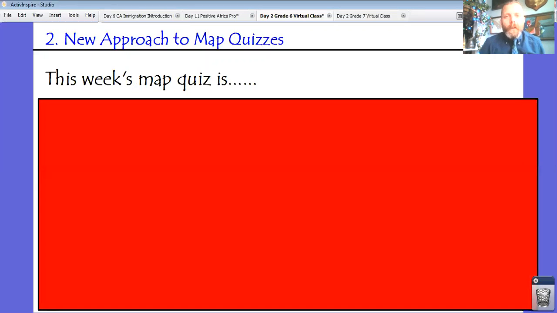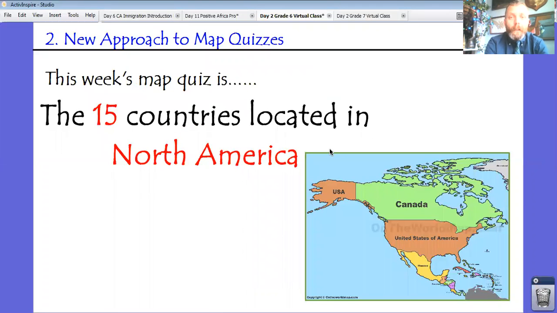You're probably wondering, what is this week's map quiz going to be on? Here we go. The 15 countries of North America. The way that the website is set up, it's divided by continent. So you already know a lot of these. We've been quizzed on the 8 Central American countries. Hopefully you still know where El Salvador is, and Honduras, and Belize.